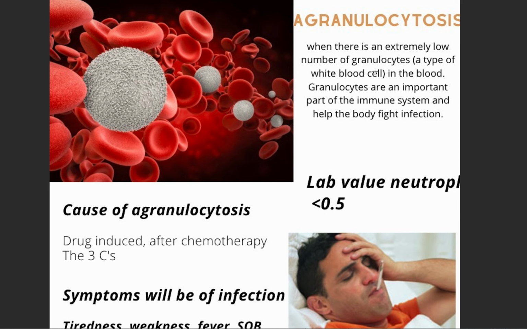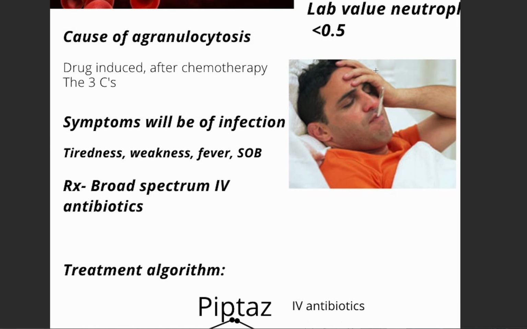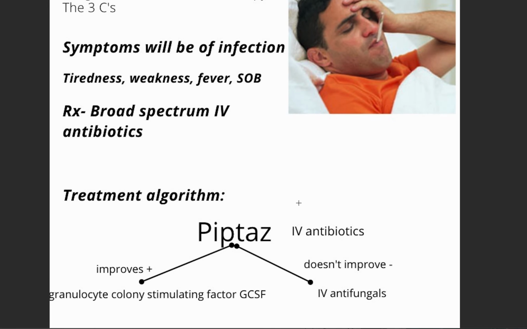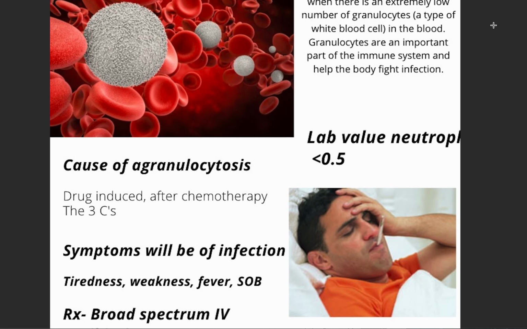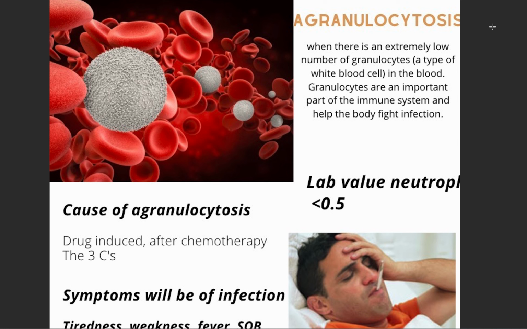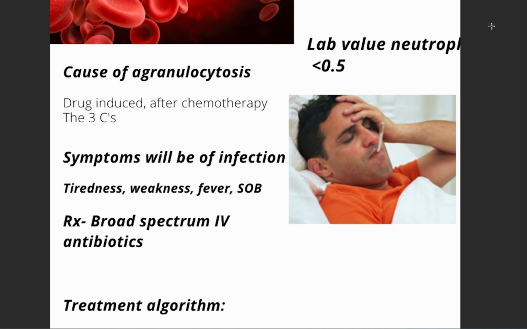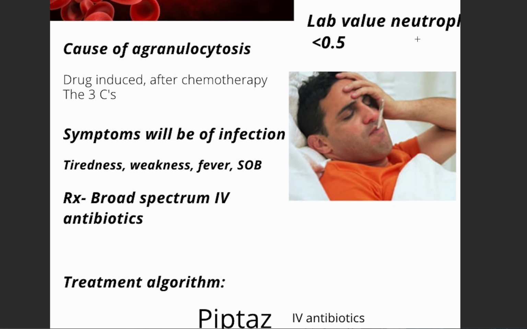What is the treatment algorithm for agranulocytosis? The treatment algorithm is you need to start the patient on broad-spectrum IV antibiotics as soon as possible. Remember, the longer that the neutrophils stay low, the more dangerous this can become and sinister it can become. So, as we've talked about, a broad-spectrum IV antibiotic is the treatment.